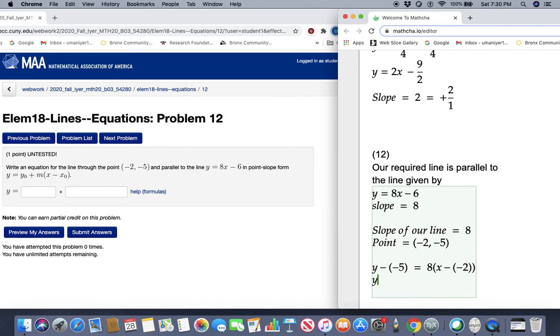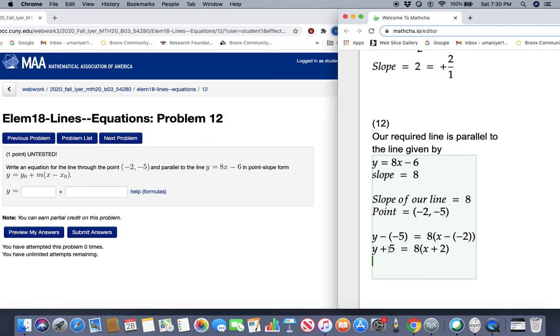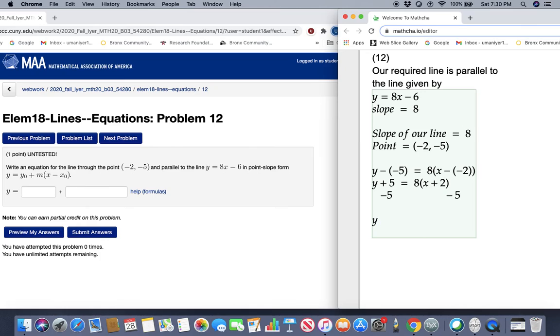So this tells me y plus 5 equals 8 times x plus 2. Now, we need to move the plus 5 to the other side. So subtract 5 from both sides. That gets me y on the left equals 8 times x plus 2 minus 5.